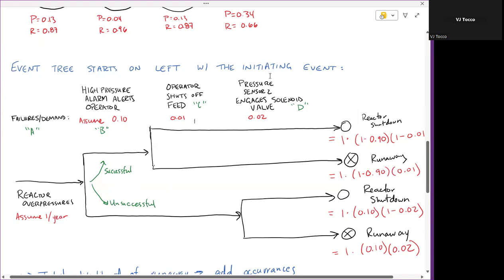And in that case, I'll have the possibility for pressure sensor 2 to engage the solenoid valve and shut down the feed that way. So again, success is up here, failure is down there. In this branch, I have a reactor shutdown if the pressure sensor engages the solenoid successfully and shuts off the feed. And in this case, I have a runaway reaction where both things have failed.